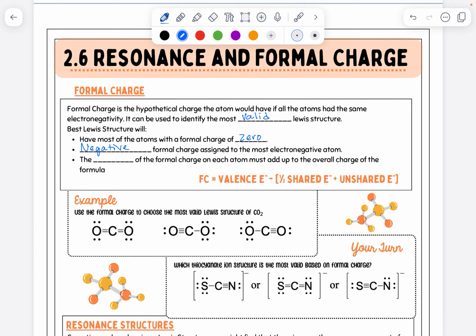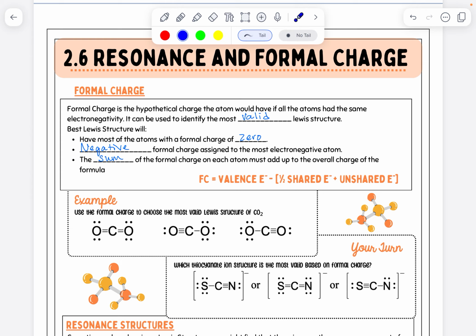And the sum of the formal charge on each atom must add up to the overall charge of the formula. So if you have a plus or minus charge on your molecule, it has to add up to that.